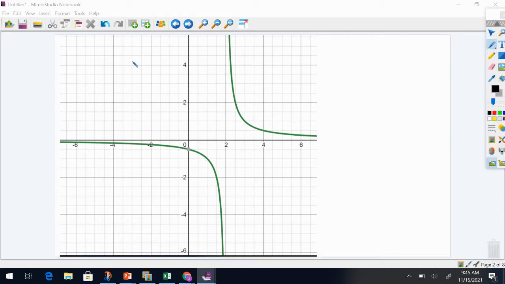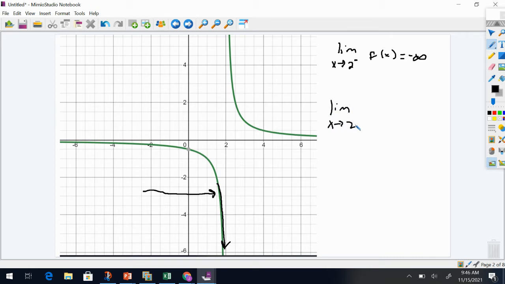They have some funky notation that says limit as x approaches 2, with a little negative sign up here. All that's asking you is to take a look at 2 from the left. What's the graph doing? It's going down, so we would say negative infinity. Then they say limit as x approaches 2 to the right.